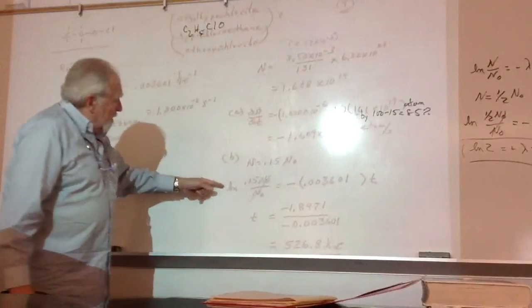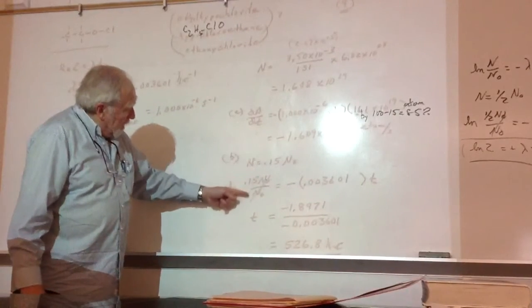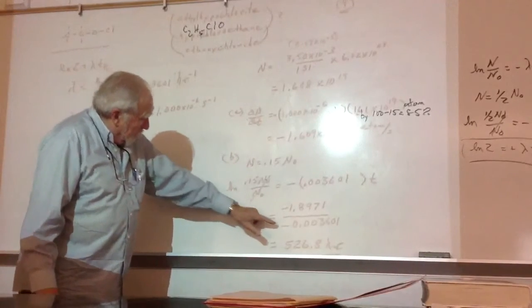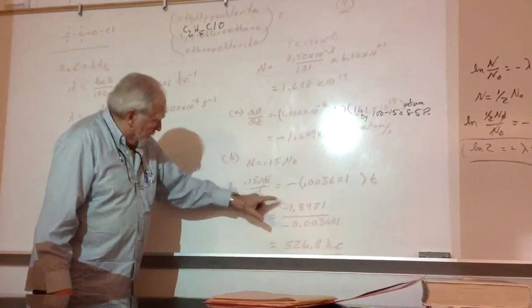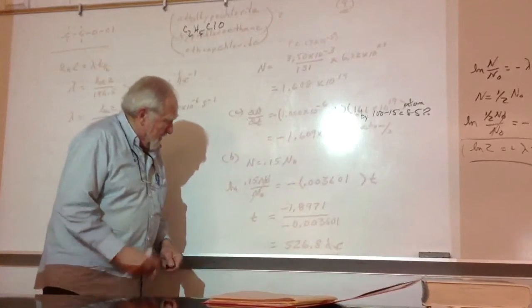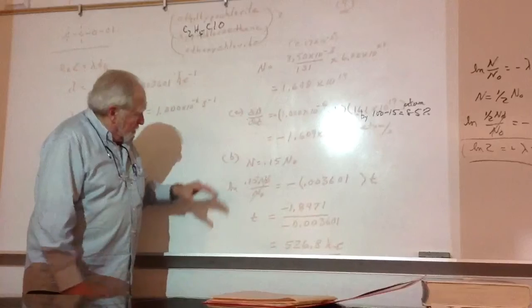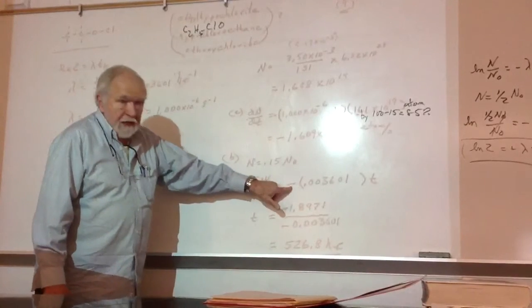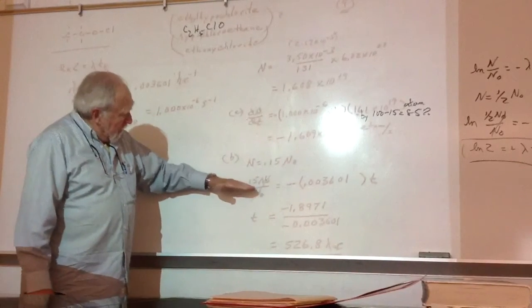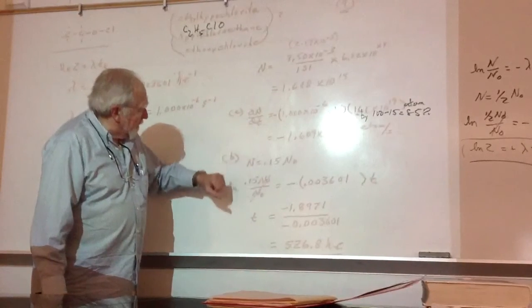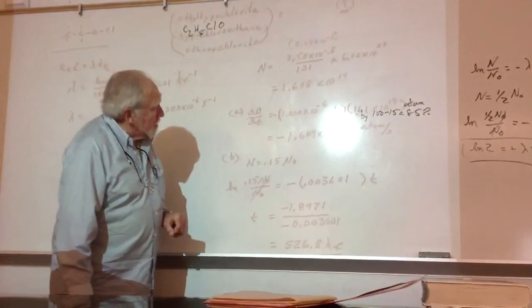And then you had ln 0.15 n0 over n0. Notice this will be a negative number when you do it. I wrote it here. You didn't have to show me this. If you said this and wrote the answer, I figured you knew all about the minus signs and kept it straight. So here's the reason for keeping in the minus sign. If you're always having a fraction here, if you're doing the ratio of n to n0, what equation was I using?